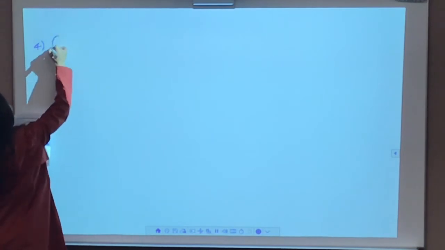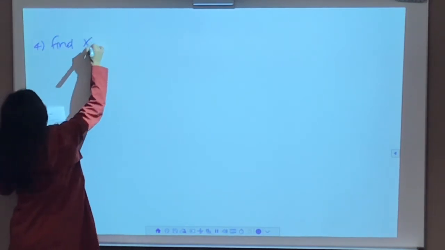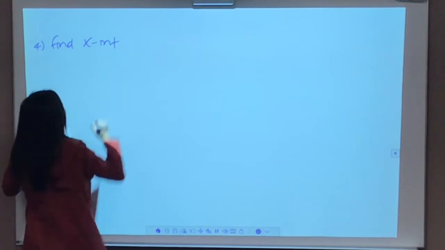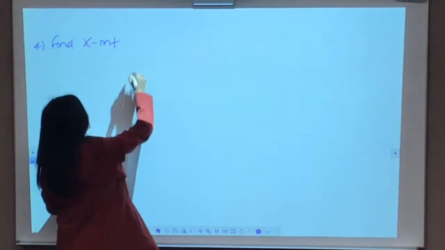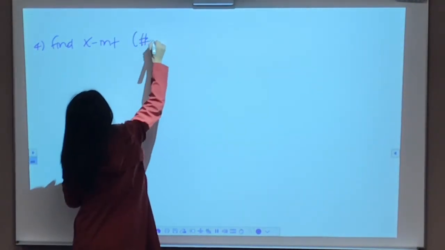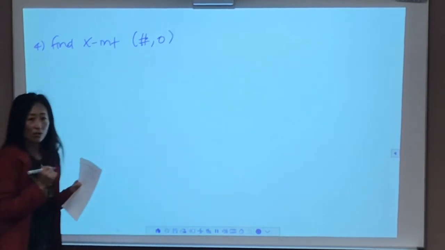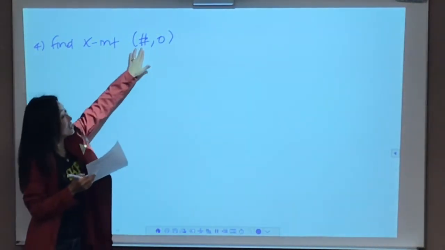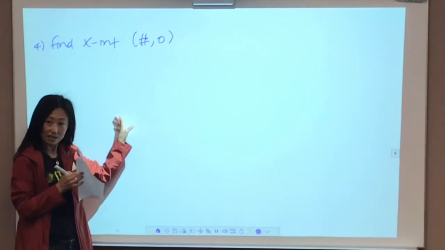Find the x-intercept, which means x has some number and y is equal to 0. That's what that means. I will find this number after I do my calculation. Is everybody with me?